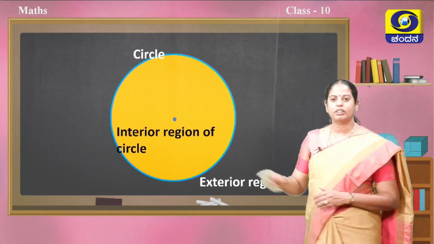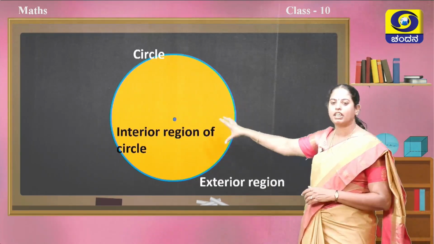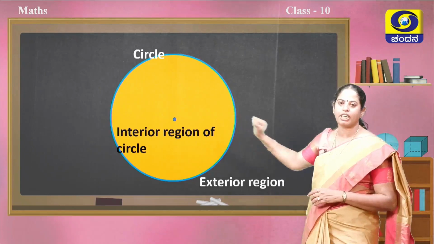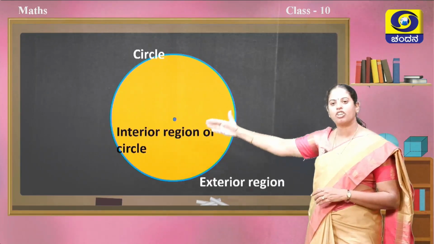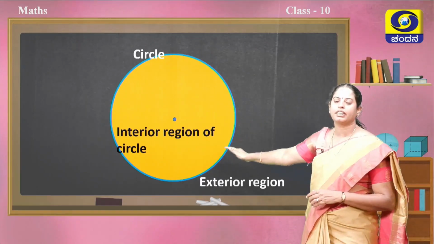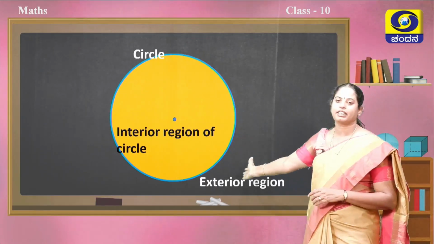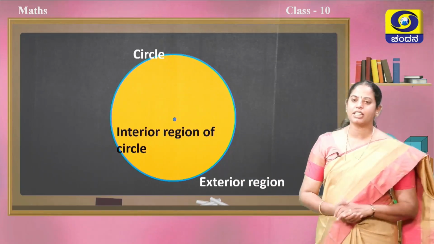So the blue line with this yellow part is totally called a circle. The region inside the circumference is called interior and the region outside the circumference is called the exterior region.